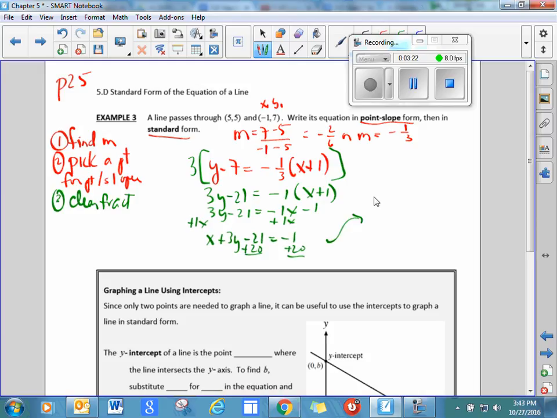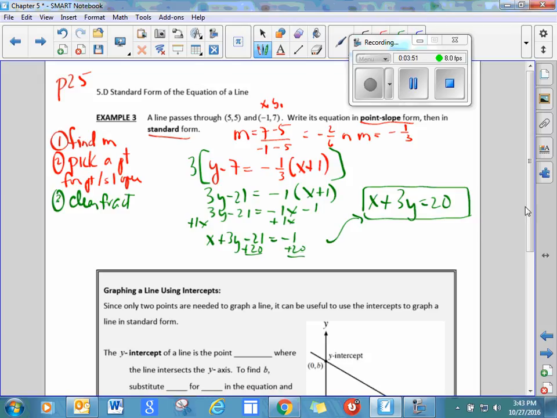So I'm ready to see if I've got what I need. X plus 3y equals 20. So number one, all of my coefficients, a 1, a 3, and a 20, are not fractions. That's a good thing. And the coefficient in front of the x is not negative. So I am pretty confident that our standard form equation looks like that, and our point slope equation looked like this up here.